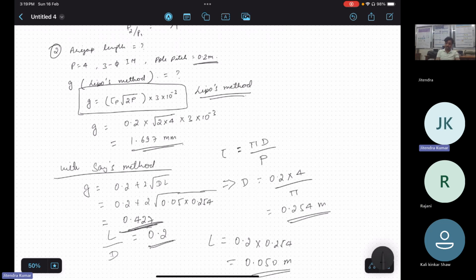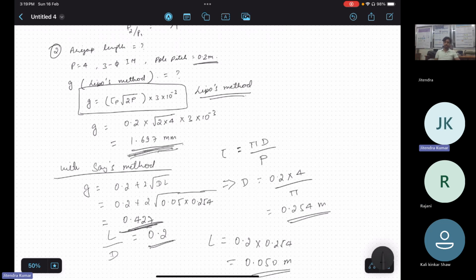And on the other hand, with LiPo's method, this 1.697 mm is on the too high side, and with the other method, it is on the too low side. So I don't know which one to go ahead with, but if you are designing a machine, it depends on which type of machine you are considering. If you are considering a squirrel cage, then 0.5 mm air gap for this much dimension should be fine.